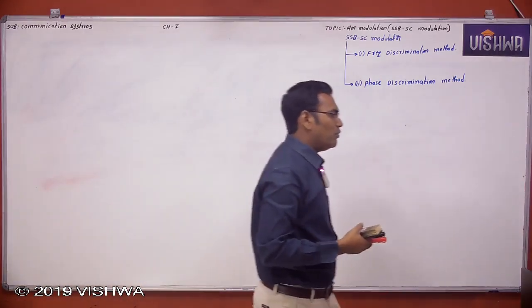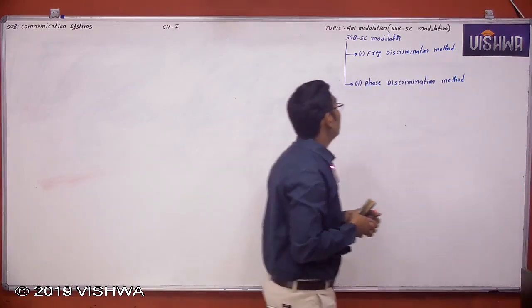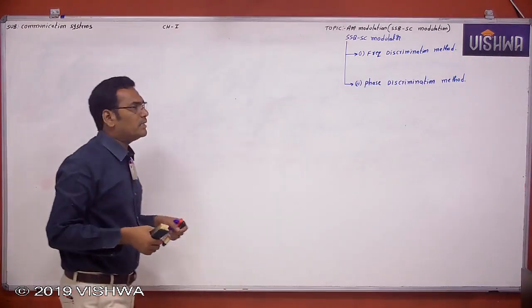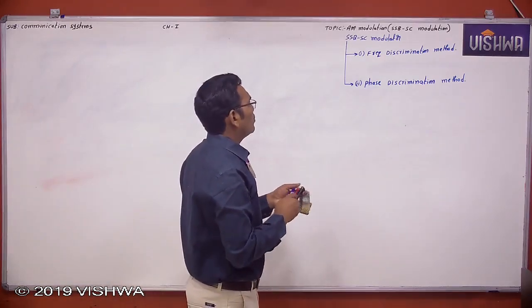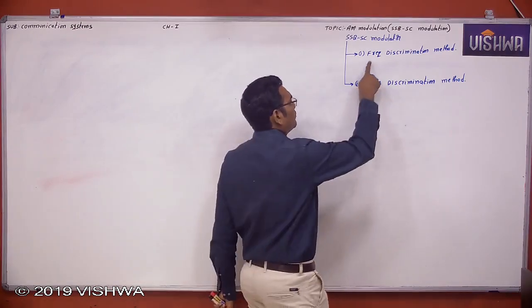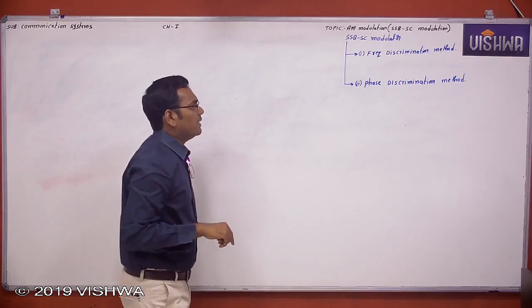Okay, there are two ways of SSB-SC generation. One is frequency discrimination and the second one is phase discrimination. So now first we will see based on frequencies, therefore that is the frequency discrimination method.